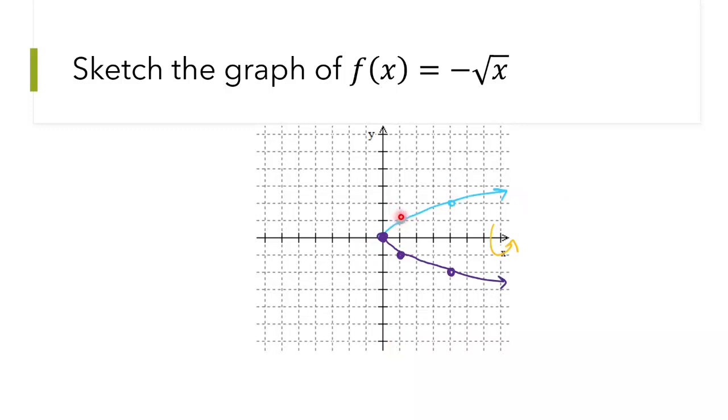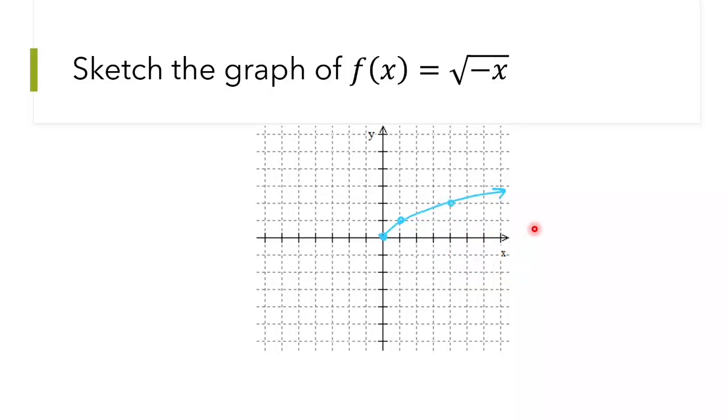So the point that was at 1, 1 flips and becomes 1, negative 1. The point that was at 4, 2, I change the sign of the y value, it's at 4, negative 2. And what that has done is it has reflected the graph over the x-axis. We've taken all those y values and we've changed their sign.